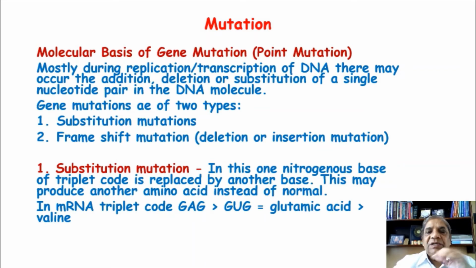Thus, when we see at the molecular level, gene mutations are of two types. One type is called substitution mutation, where a pair of nucleotides comes into the DNA double helical structure and substitutes for those already arranged in a line.